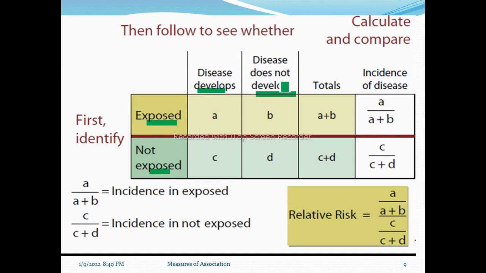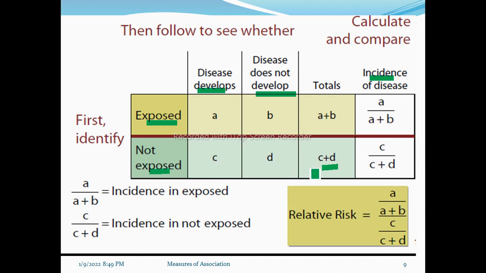So we can draw a 2 by 2 table. This is A, this is B, this is C, this is D. So A plus B, C plus D, and so on in total. If you want to calculate incidence of disease, A over A plus B is the incidence of disease in the exposed.